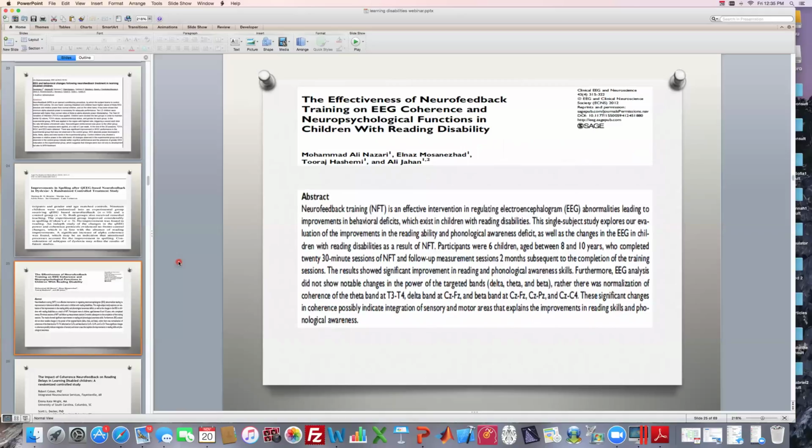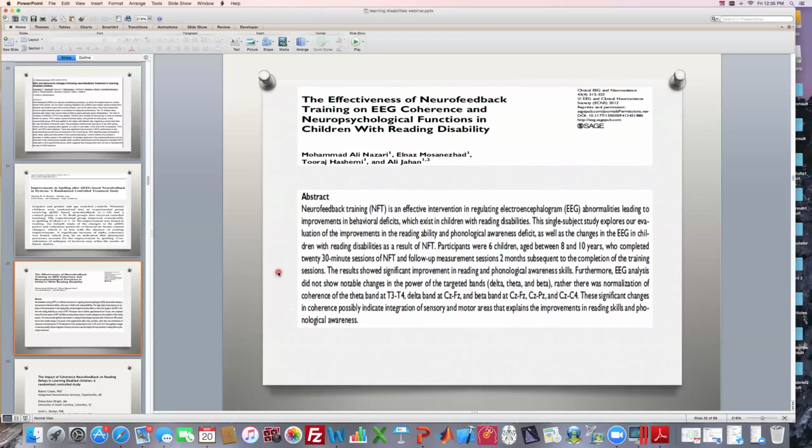Okay. The next study, which was published in 2012, looked at a single subject design over 6 children who were the participants between ages 8 and 10. They completed 20 30-minute sessions of neurofeedback with follow-ups afterwards.